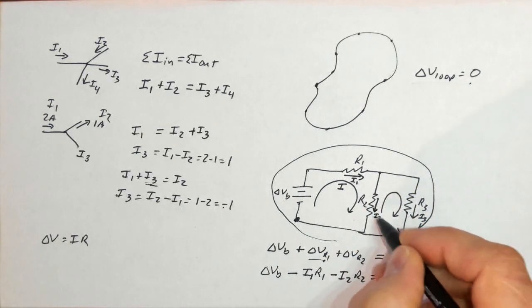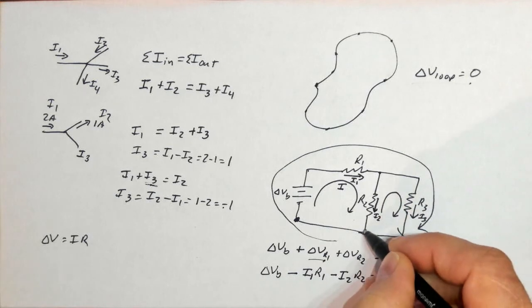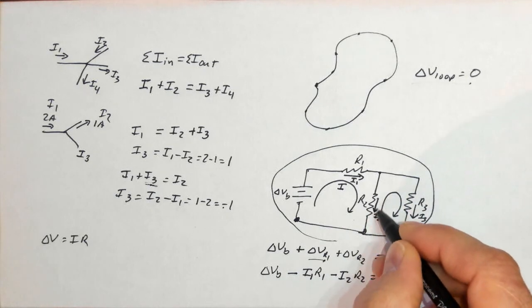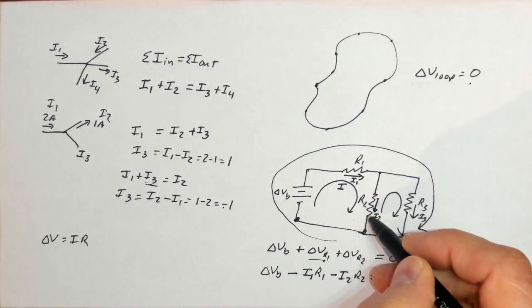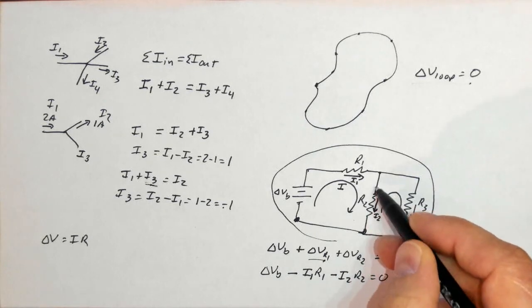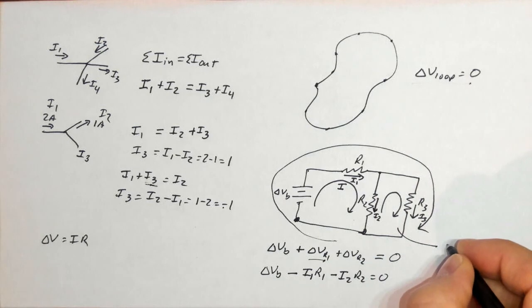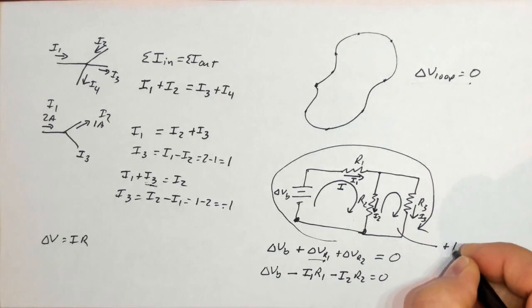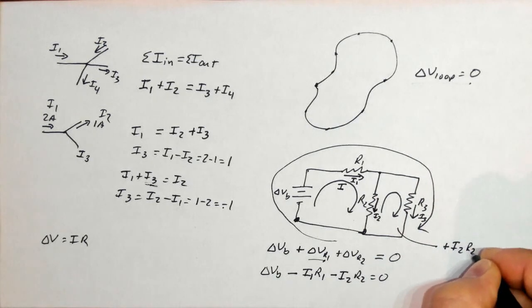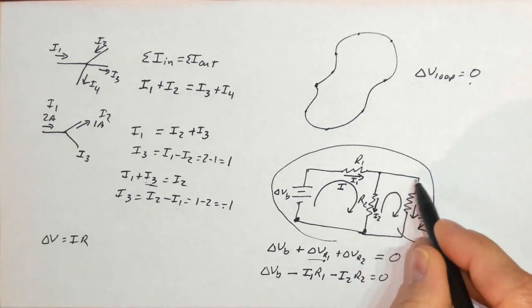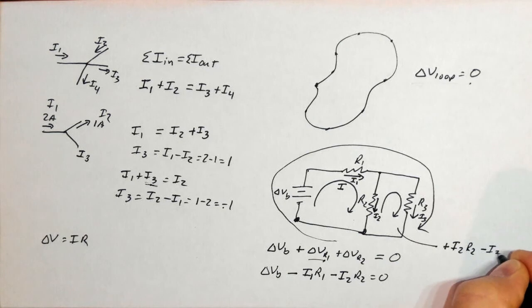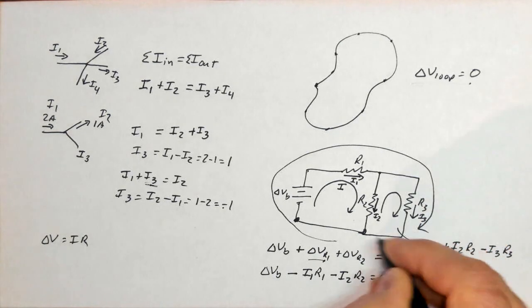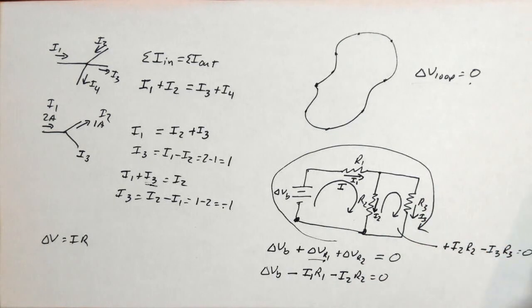I'm going this way around the loop, and so I'm going opposite the current. Now, if current goes towards lower potential across the resistor, that means I'm gaining potential. That one I'm going to get a plus I2R2 because I went opposite it. And now I'm going in the direction of current, so it's minus I3R3, and I get back to where I started, and I get 0.